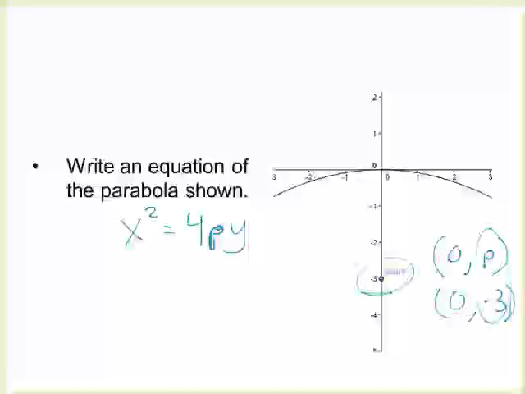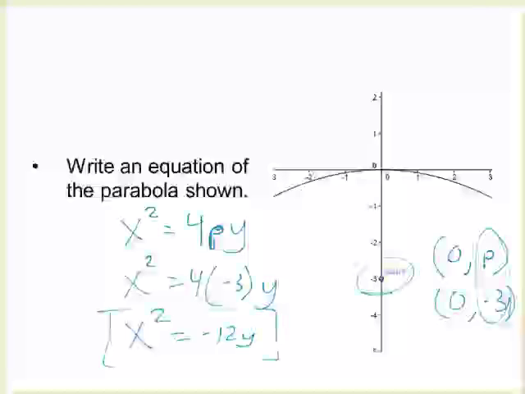So p is -3, and we can pop that into the equation. Okay. That's it. Questions?